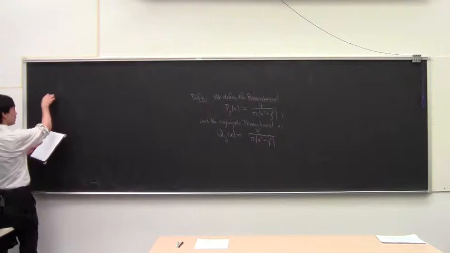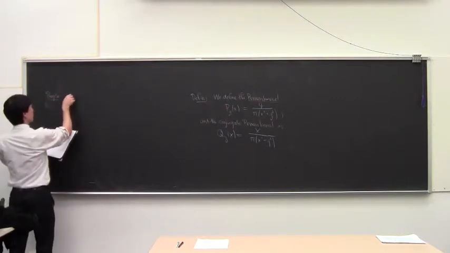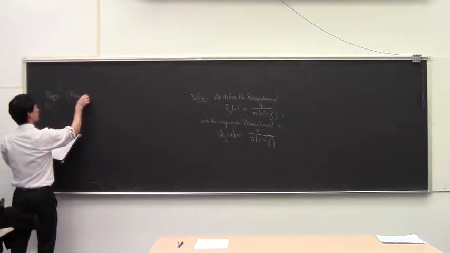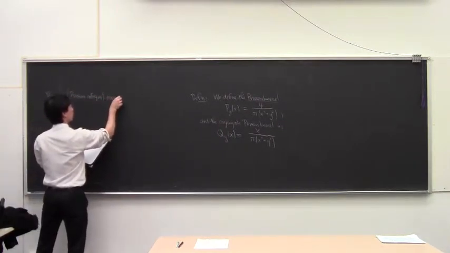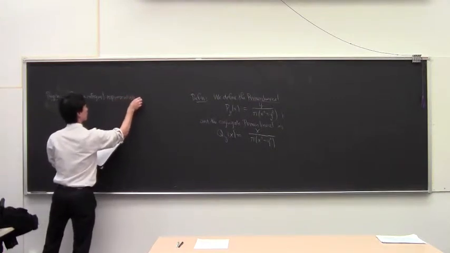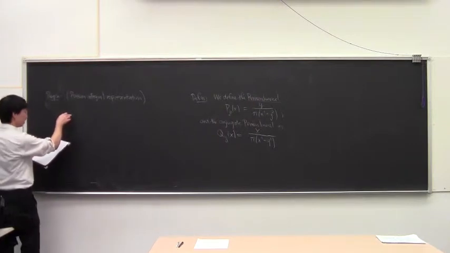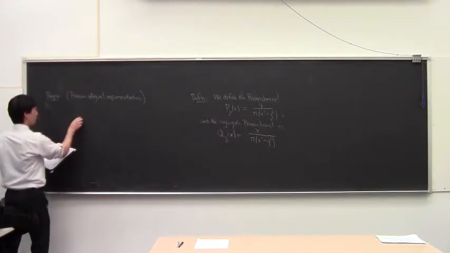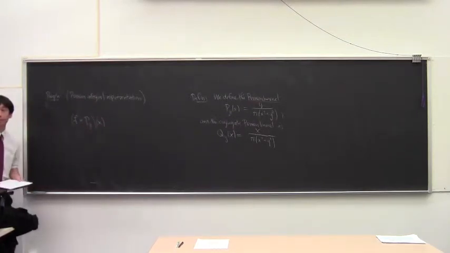And the first thing that we're going to go for is the following proposition called the Poisson integral representation. And it tells you about the convolution of f with the Poisson kernel. Okay.